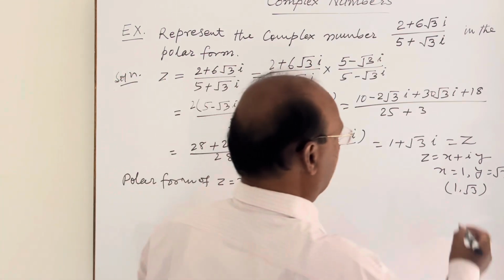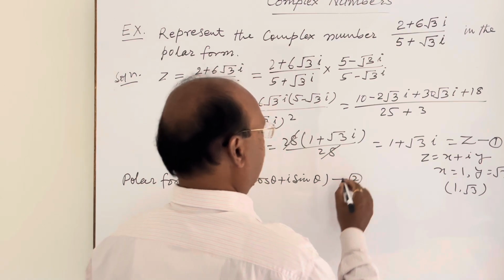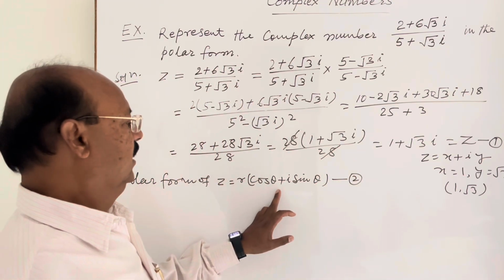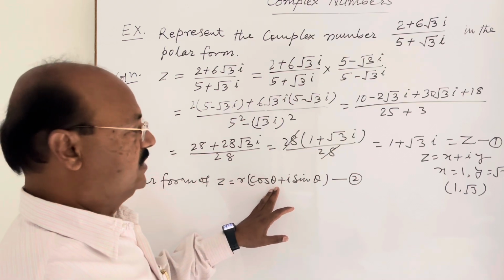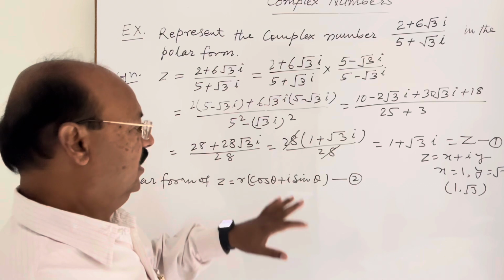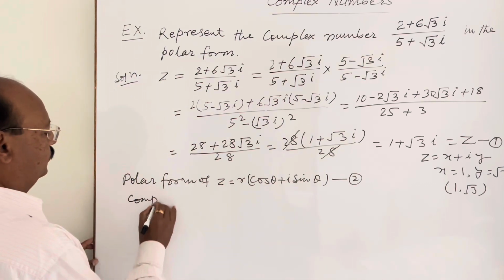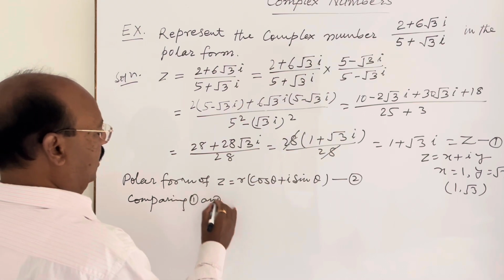So now we will compare these two relations, relation number 1 and relation number 2. Here we will have to find the value of r and θ, and by putting the values of r and θ, we will get the complex number in polar form. Correct? So comparing relations 1 and 2.